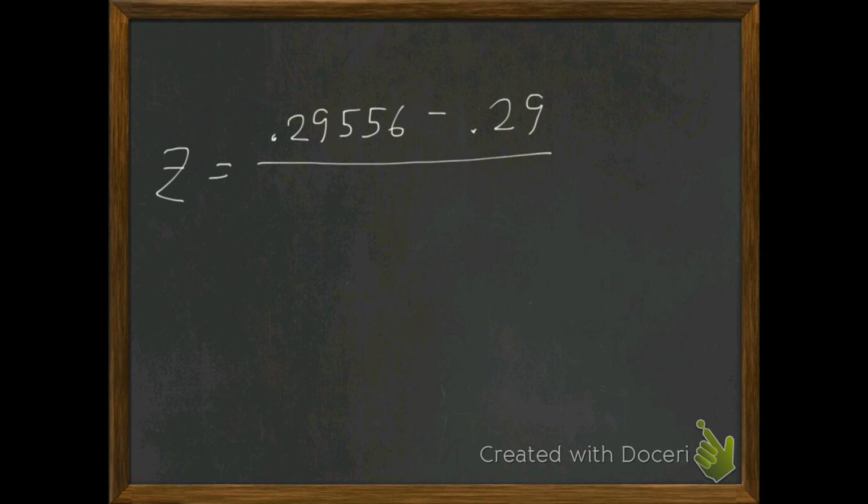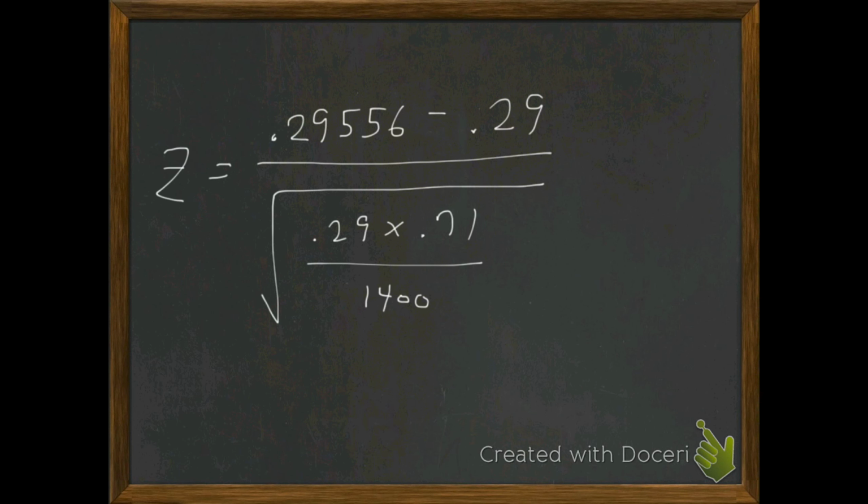Well, that should be easy to do too, right? Because it has a mean of 0.29. Keeping consistent the 1400 sample size.